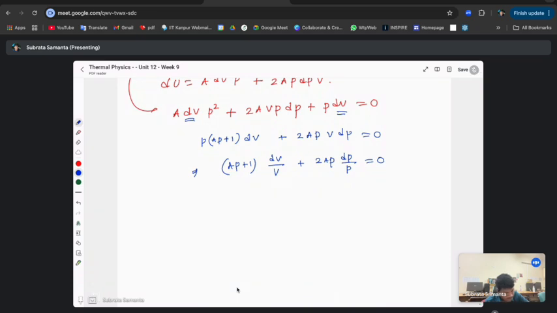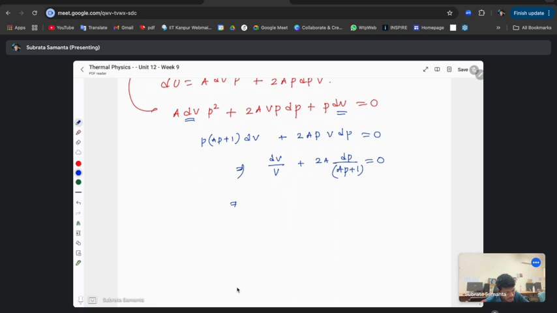Sorry, one minute. So 2AP dP, yes. So this is basically your AP, no, there is also AP, sorry, I forgot that. So dV over V is basically 2A dP over (AP plus 1), that is the correct one.